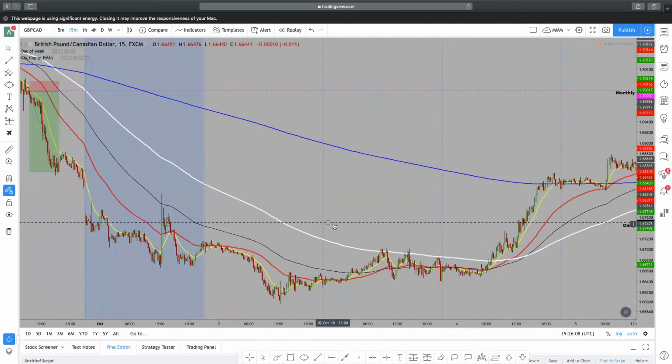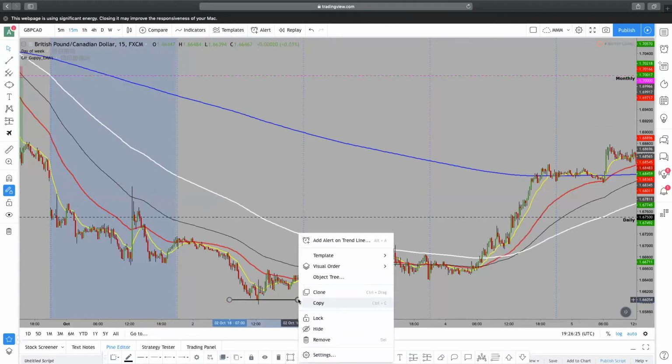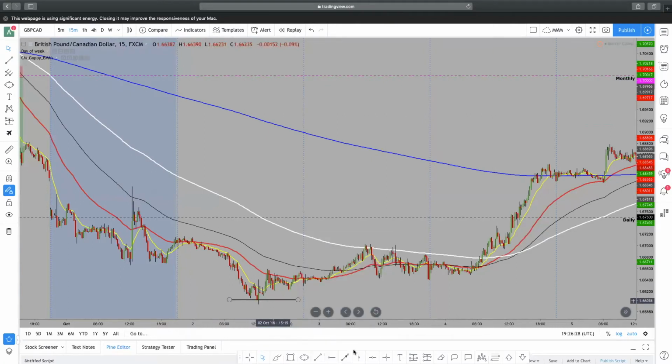So in here, we have this W of this low. Let me just adjust it a little bit. So when the market came here, they moved it up. Okay, interesting.